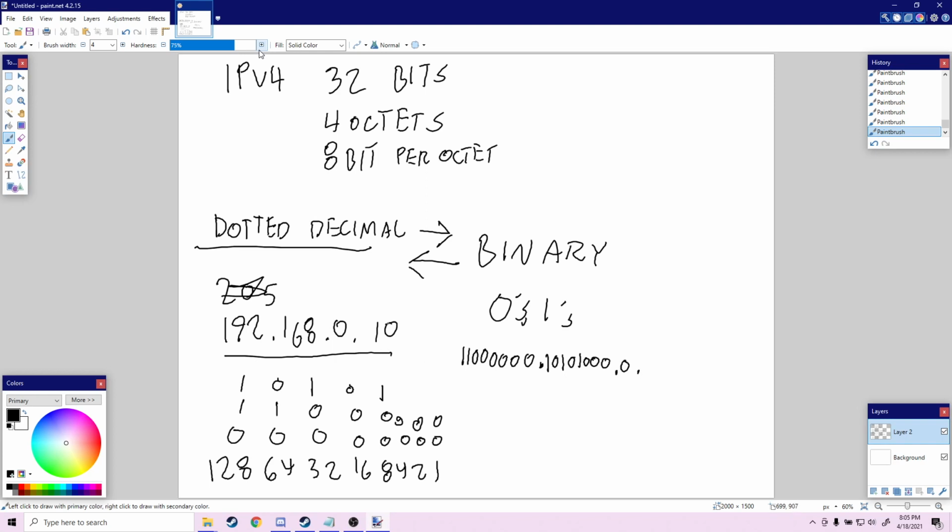And at the very last one, our very last octet, we have 10, which would be 8 plus 2.